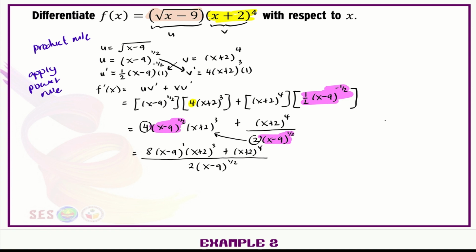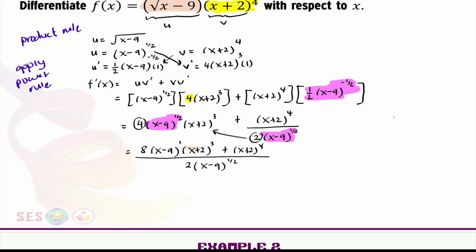We can notice that we have (x plus 2) to the power of 3, and we also have (x plus 2) to the power of 4. Okay, so basically we will factorize. I'm going to write the key concept here.